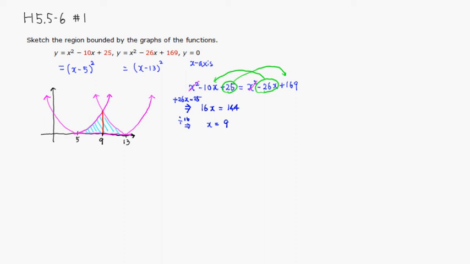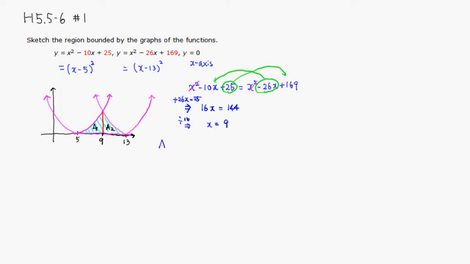So we have two regions. The first one I'm going to call A1, and this one is going to be A2. You can see that by symmetry, A1 and A2 have the same area, so I'm going to just find A1.